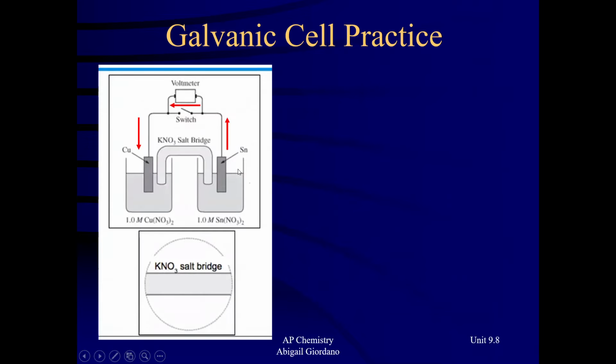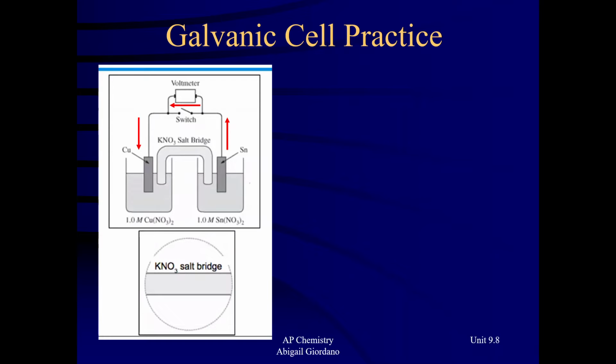So on this next slide, I've just put in some arrows. Now that we know that, let's answer those questions. Okay. So part A says, identify the electrode at which oxidation is occurring and explain your reasoning.